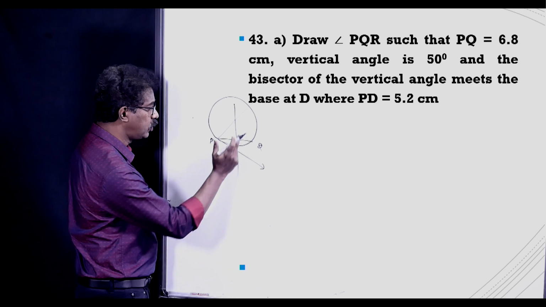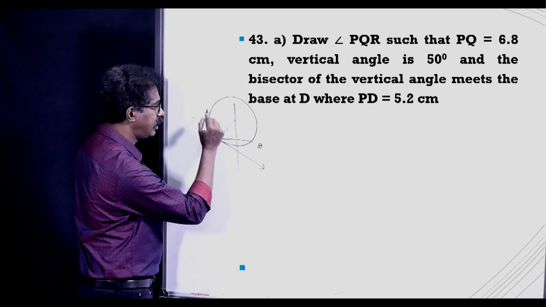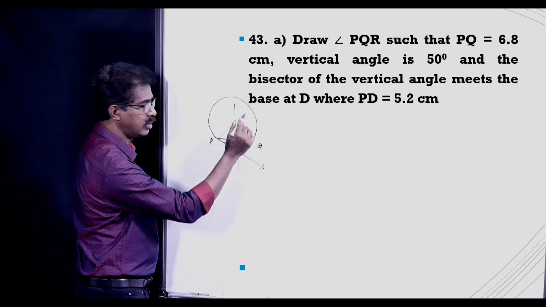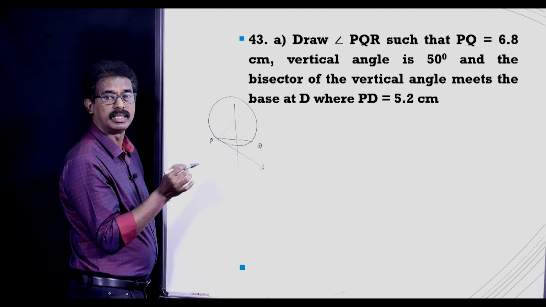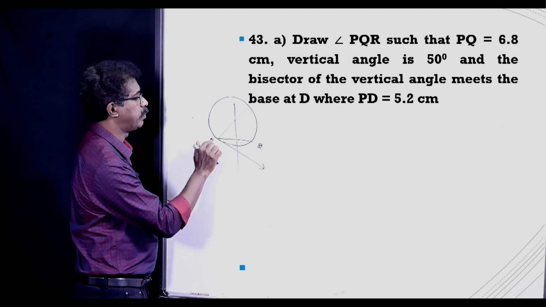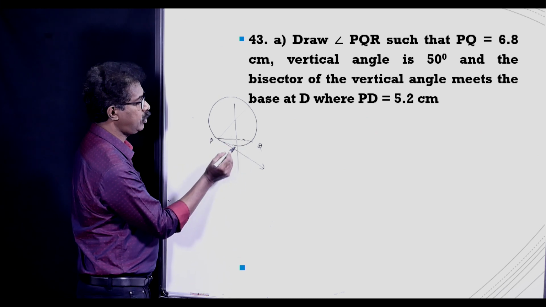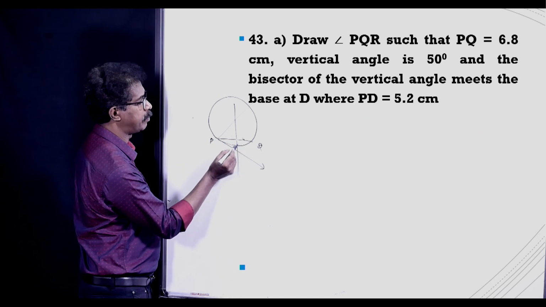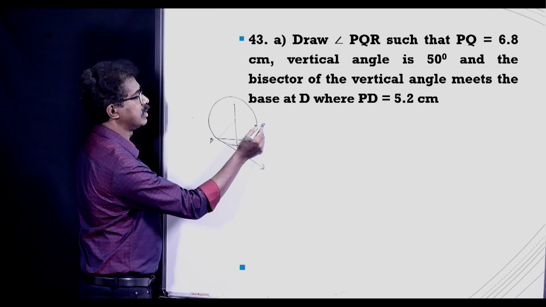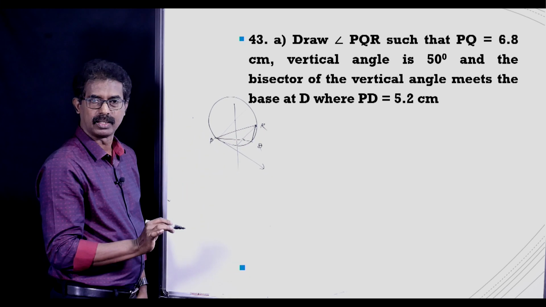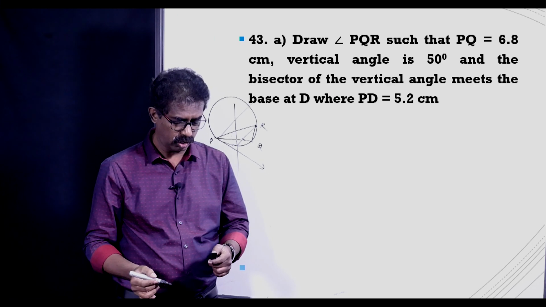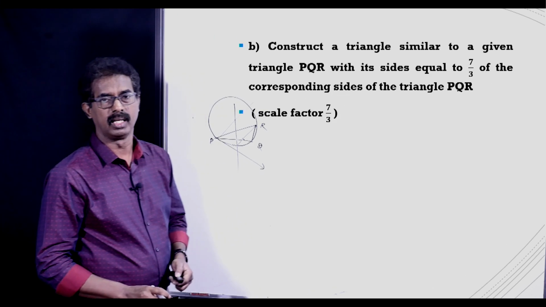If it is altitude, keep the pointer here, cut the perpendicular line, then draw a parallel line, then you join. Here the bisector of the vertical angle meets at PD 5.2, which will be somewhere here. So join this point and that point and extend it. What you get here, that is R. Join PR. So this is the required triangle. And construction steps also you have to write.